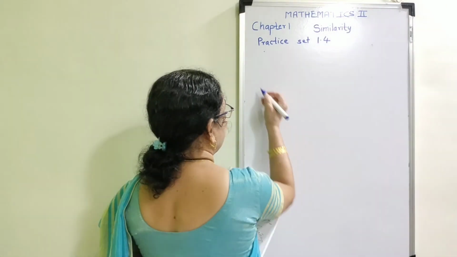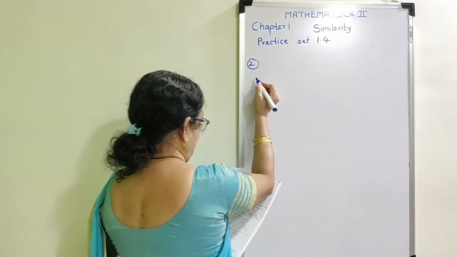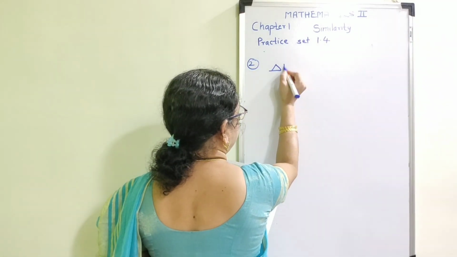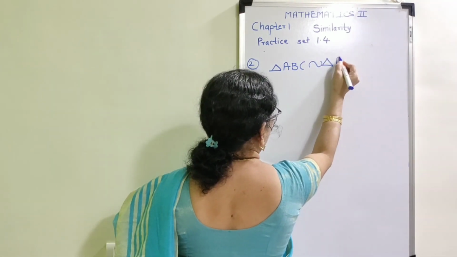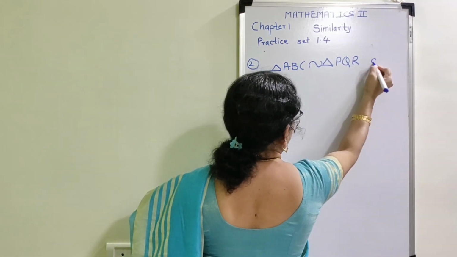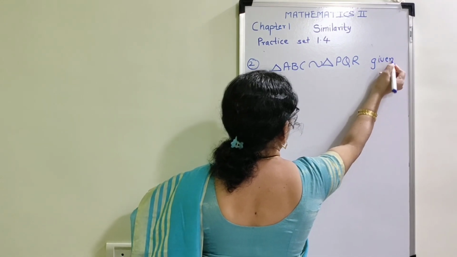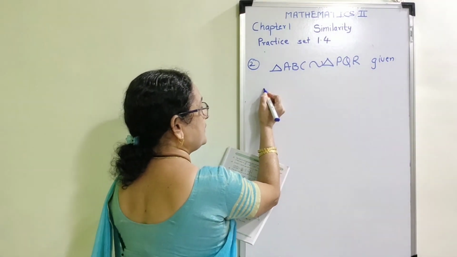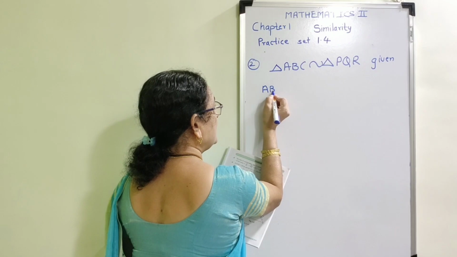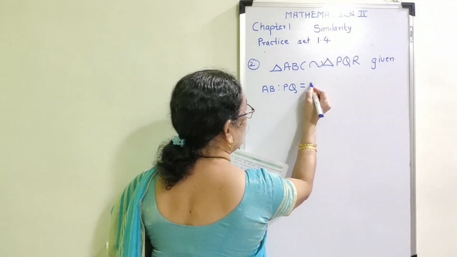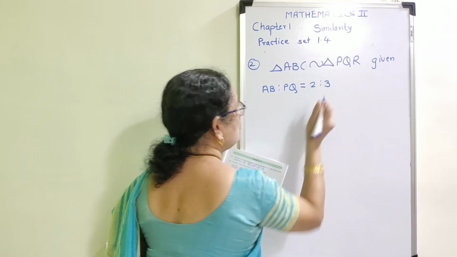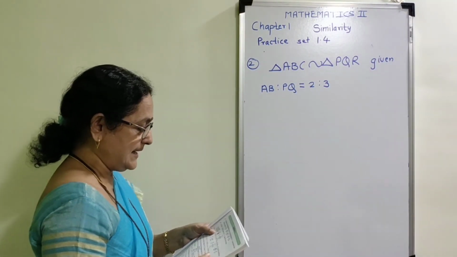Now I am going to write first of all the given things. Triangle ABC is similar to triangle PQR. This is given. Also, one ratio is given. AB is to PQ is given as 2:3. Then you are going to substitute to fill in the blanks.